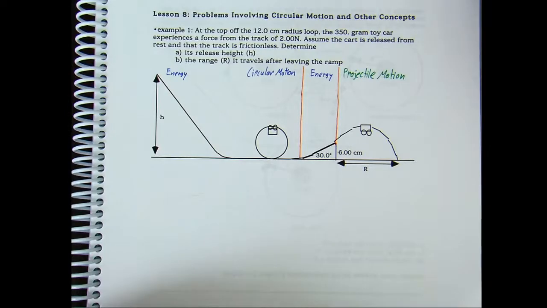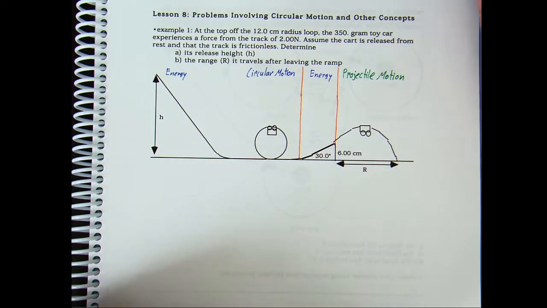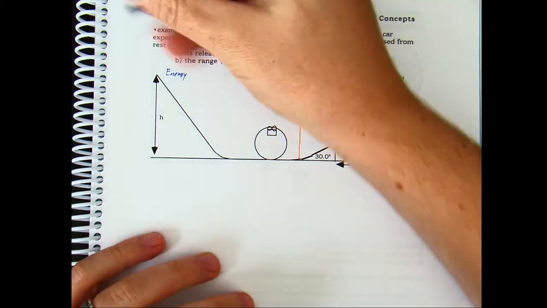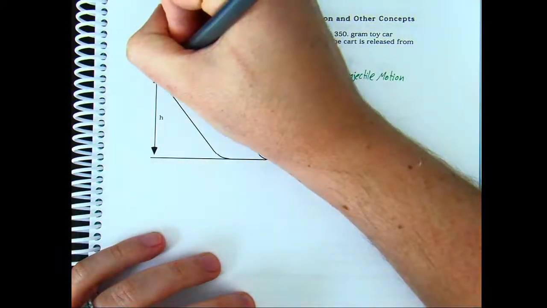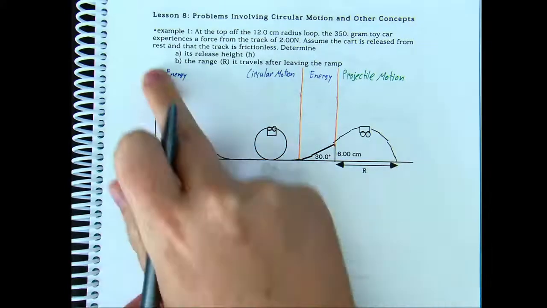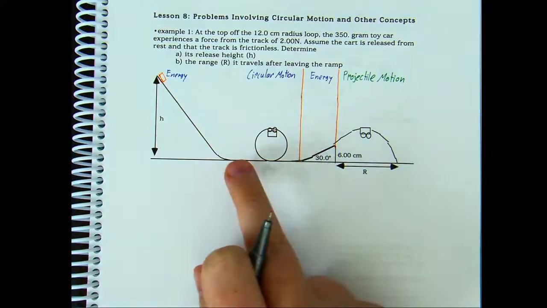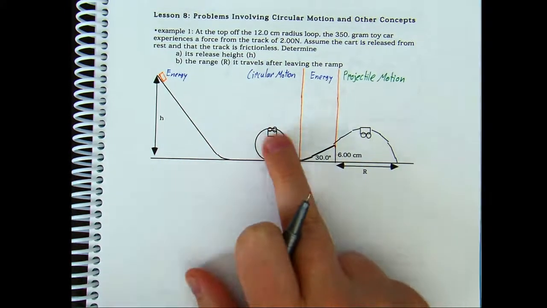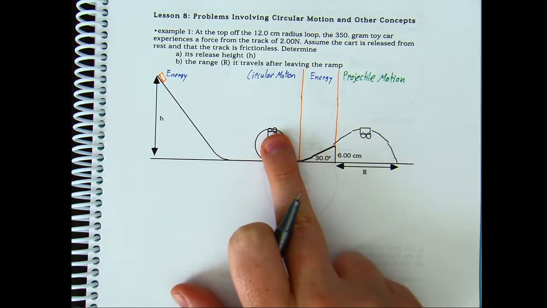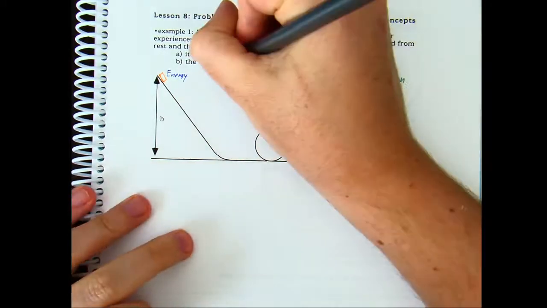Using the information that we've got here, what do we do? We know it started up here, this little cart. It shot down the ramp and it looped up. We don't know anything about the bottom of the loop, but we do know we have a lot of information right here.